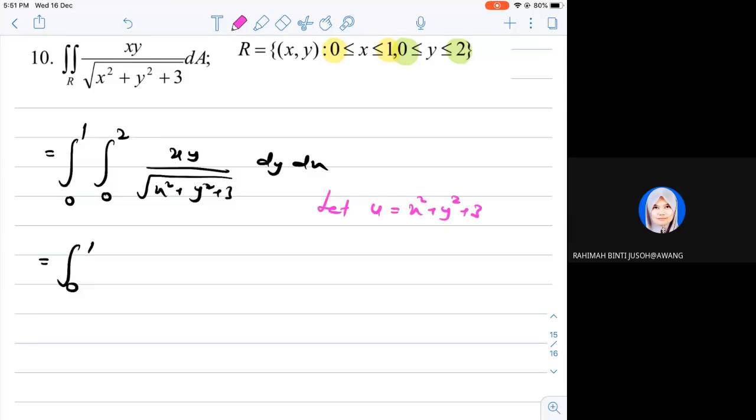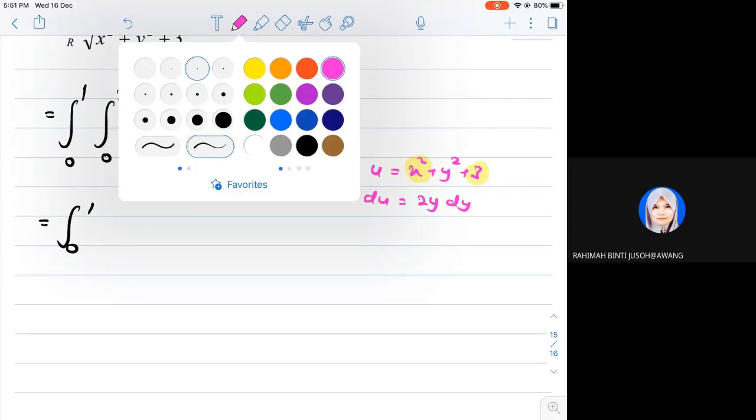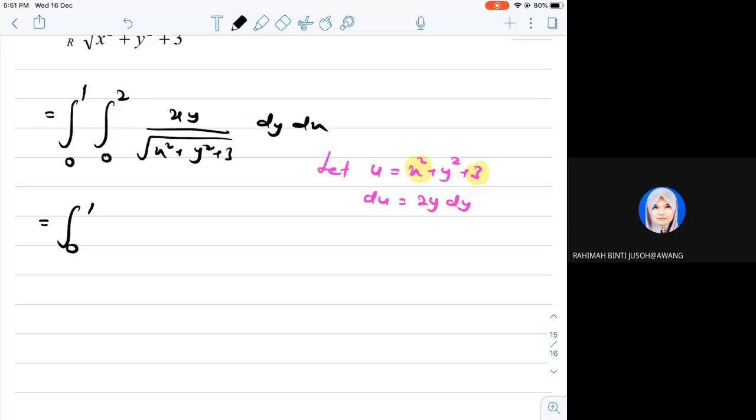Now we differentiate u with respect to y. We will have 2y dy. You have to bear in mind x squared is also a constant, same as the number 3.